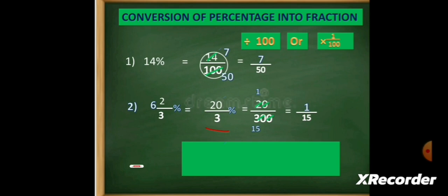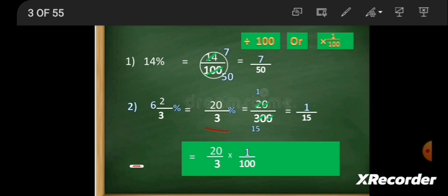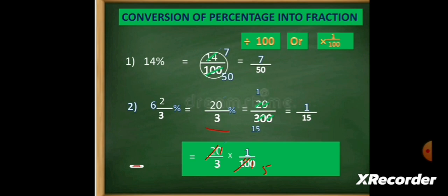Let's see. We'll change it into improper fraction 20 upon 3, and then percentage, we'll write it as 1 upon 100, and then we will cancel the common factor, that means by 10, and then this goes in by 2 table, and this will become 5. So our final answer is 1 upon 15.